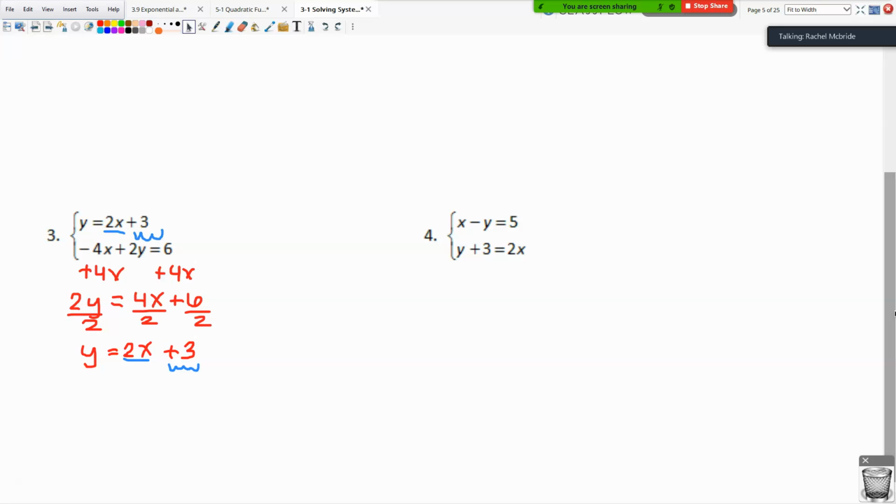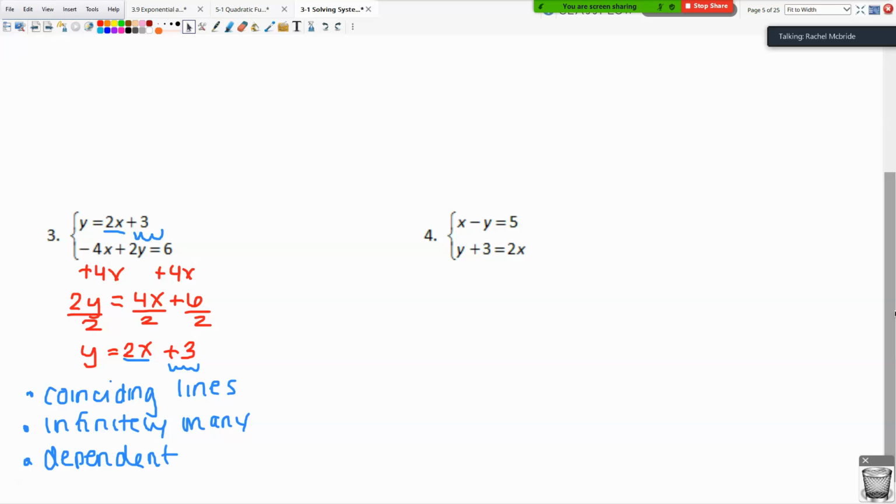So same slope, same y-intercept gives me a set of coinciding lines that have infinitely many solutions and represent a dependent system.